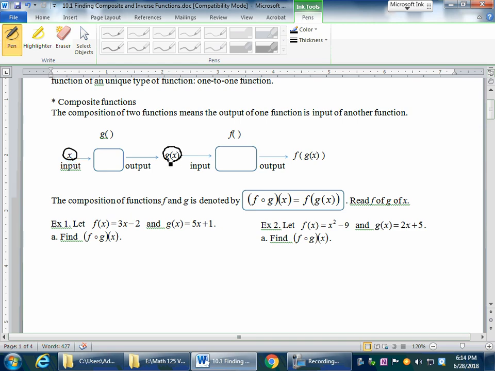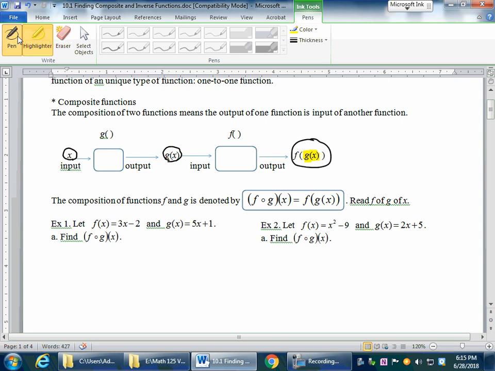And what we're going to do is use this output value, substitute it into another function. So this output value g of x becomes the input of another function. So the outcome will look like this, a function within another function.